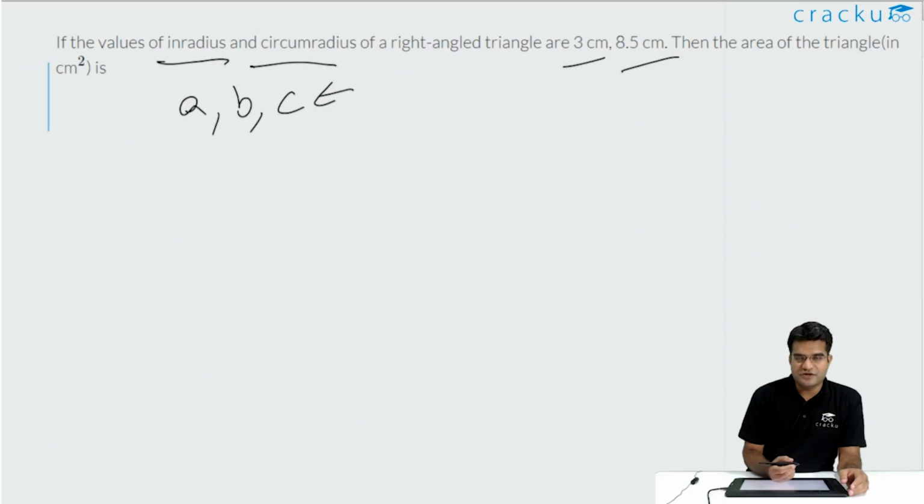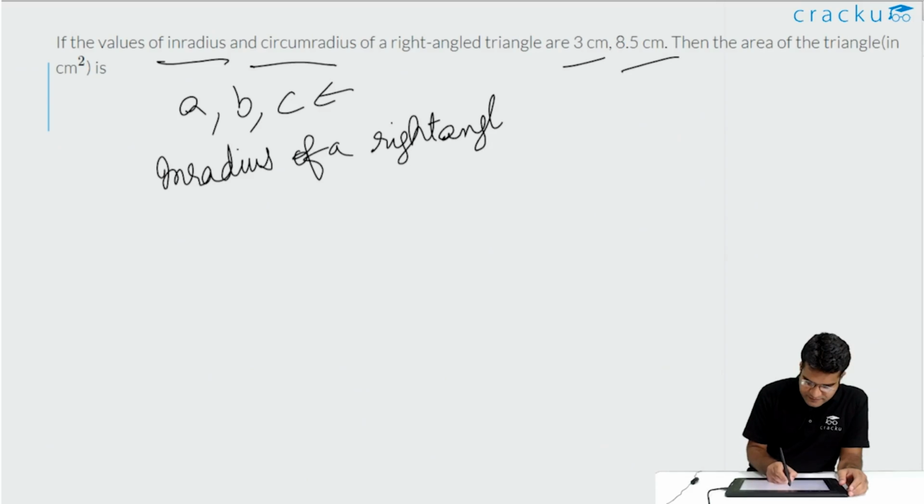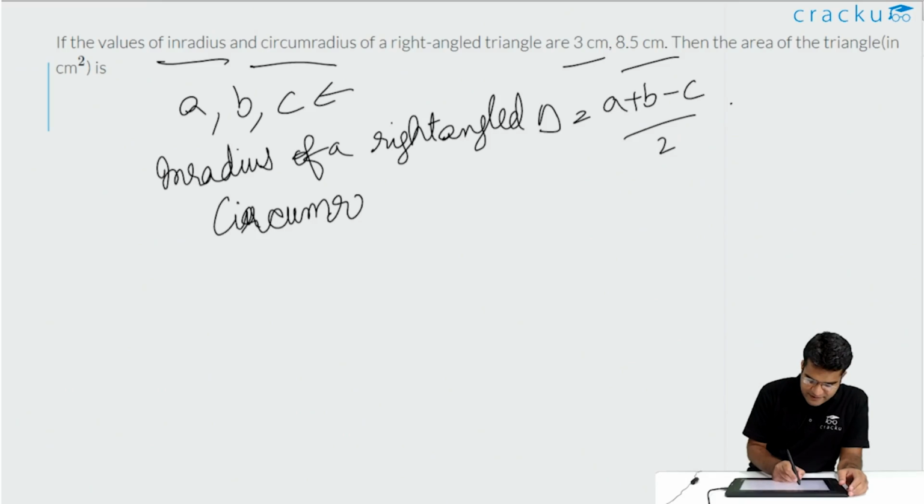Now by using the formula, inradius of a right angle triangle is equal to A plus B minus C by 2, and the circumradius is equal to half the length of the hypotenuse.